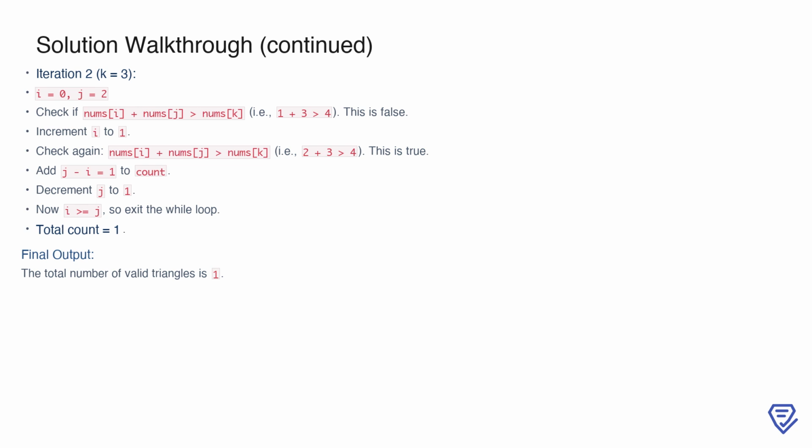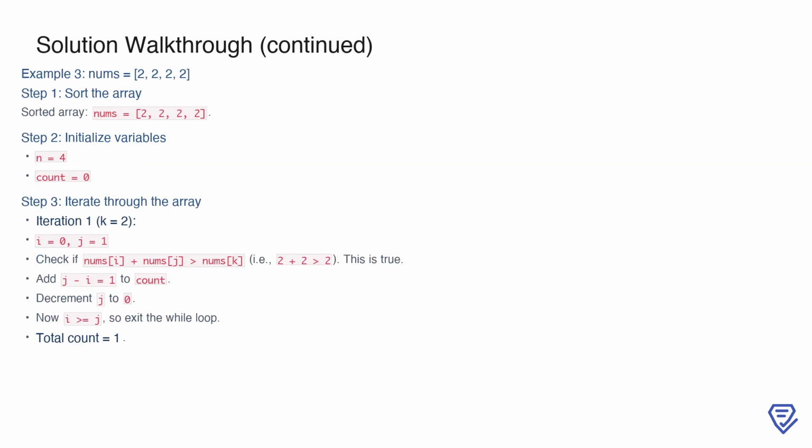This time, the condition is true, so we add j minus i, which is 1, to our count. We then decrement j to 1. At this point, i is no longer less than j, so we exit the while loop. The total count of valid triangles for this example is now 1. This is our final output for this input array.